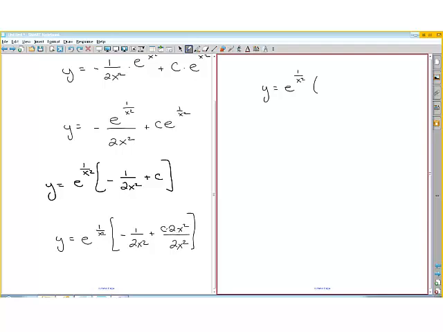So this part, 2c, just becomes a new c, which I'm not going to give a different name. Cx squared minus 1 over 2x squared. Okay, so that's right. Now we apply the initial condition. So that is our general solution.